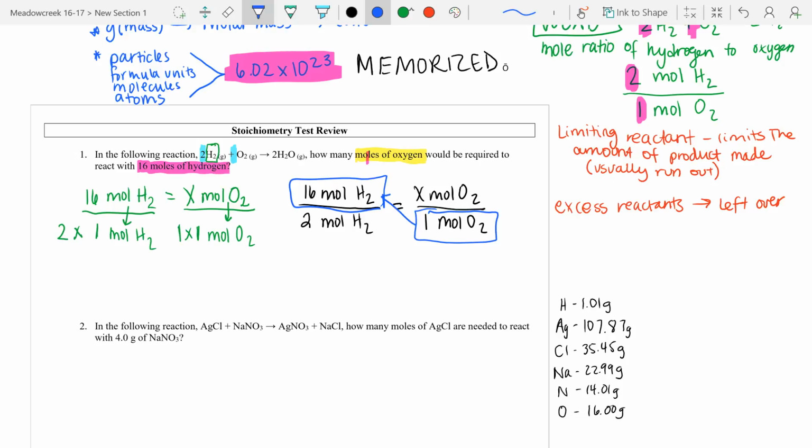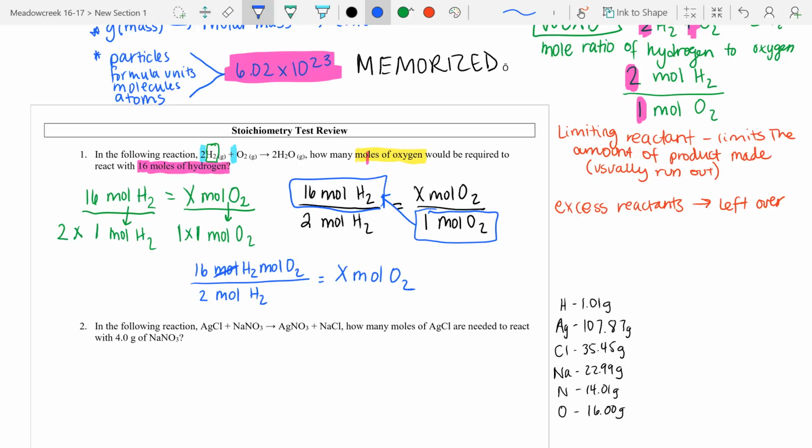So 1 times 16 gives us 16 moles of H2 moles of O2 divided by 2 moles of H2, equal to the other side of our equation, which is x moles of O2. When we look at this, we see what can cancel out.